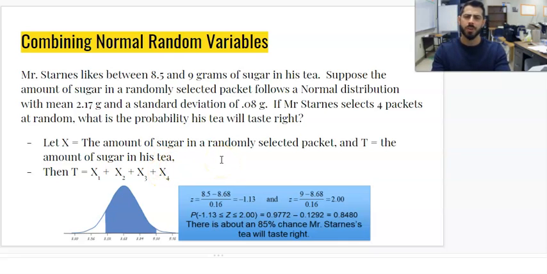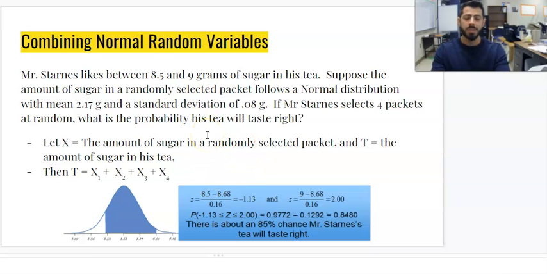Also, 4 packets of sugar in your tea is too much. So we have 4 different sugar packets, each with the same mean, so we just add the 4 means together. That's easy: 2.17 plus 2.17 plus 2.17 plus 2.17 gives us our new mean, 8.68.